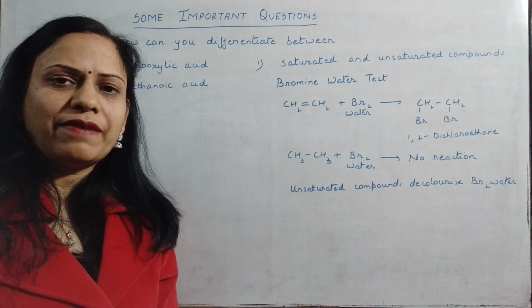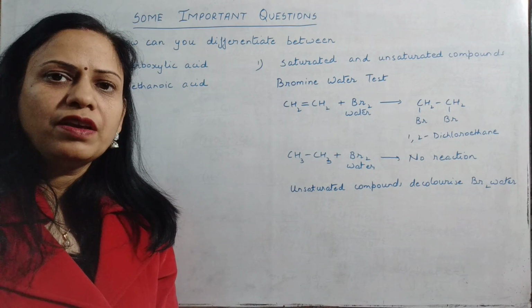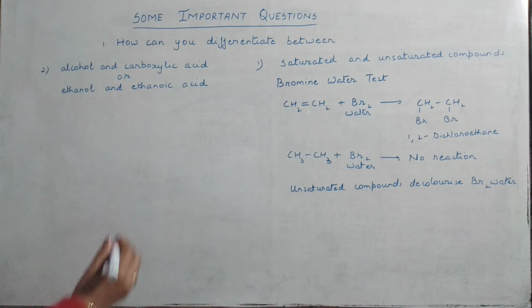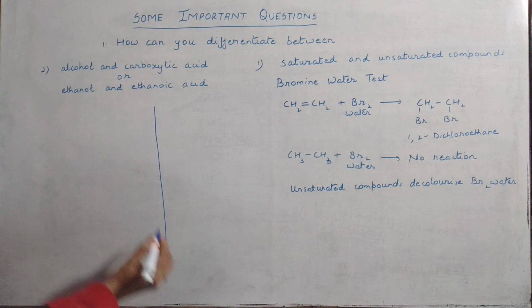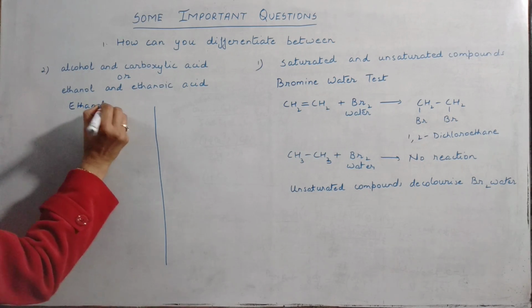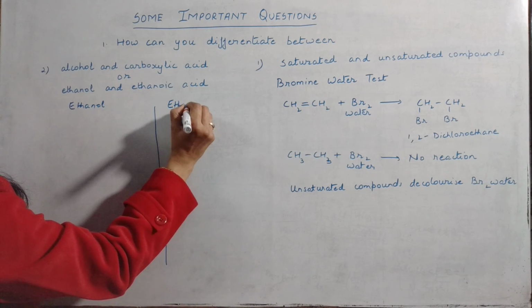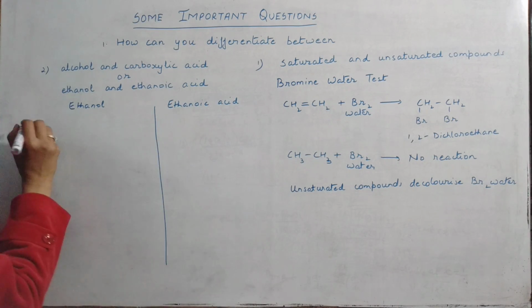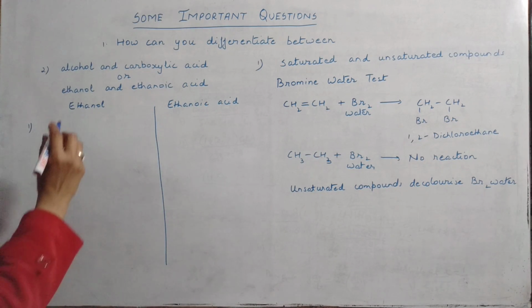There are three ways by which you can distinguish between the two. First is the most common, that is the litmus test. So over here I will be making a table: ethanol versus ethanoic acid. The first test is litmus test.